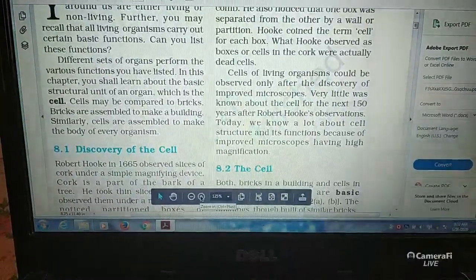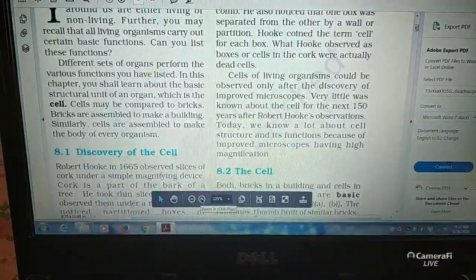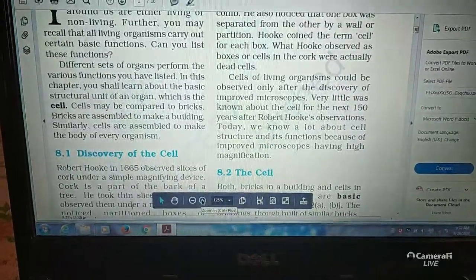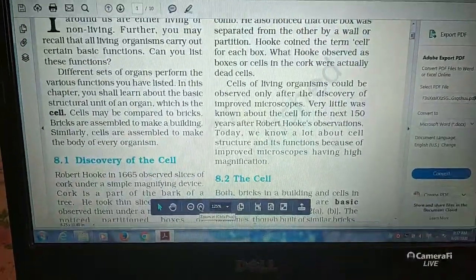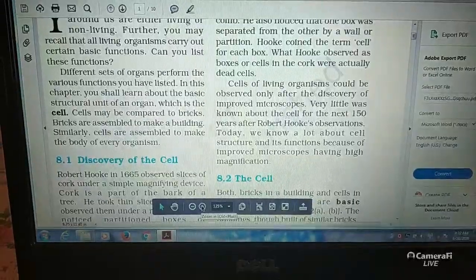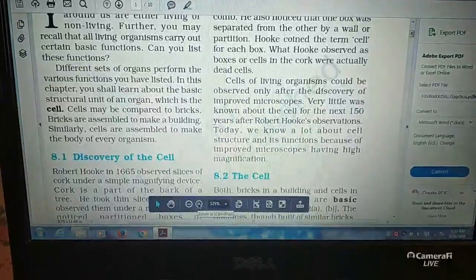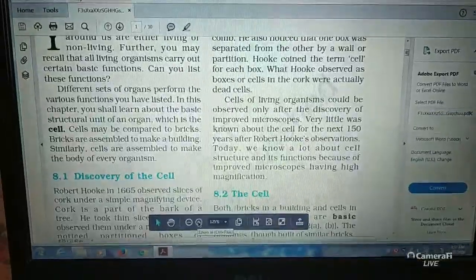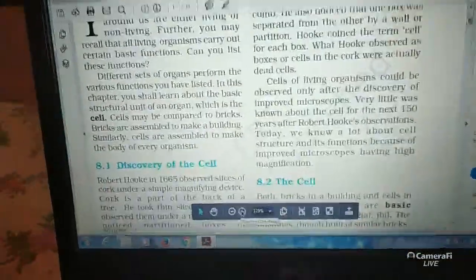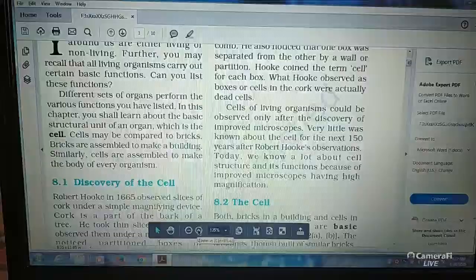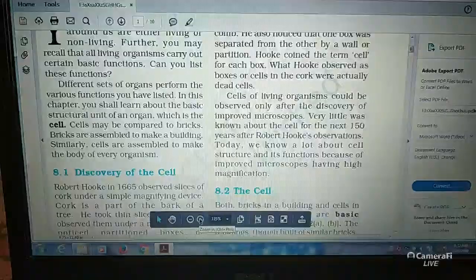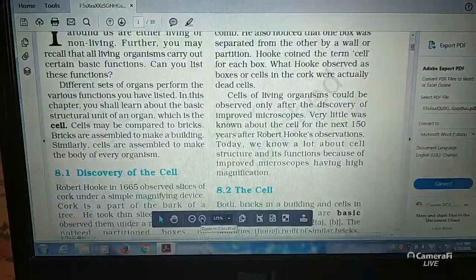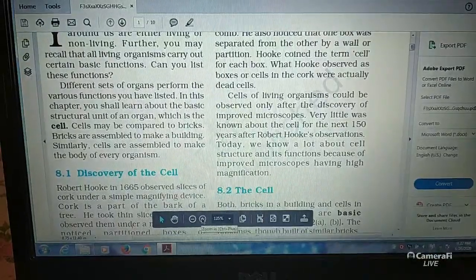That means cells form tissue, tissues together form one organ, and organs together, that means 8A, 8B, 8C, form an organ system, or the class 8 system.